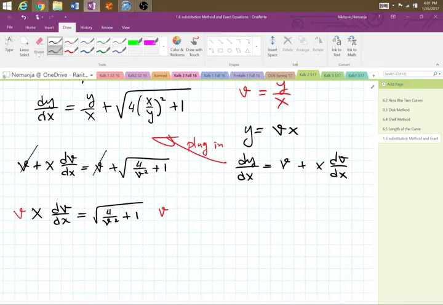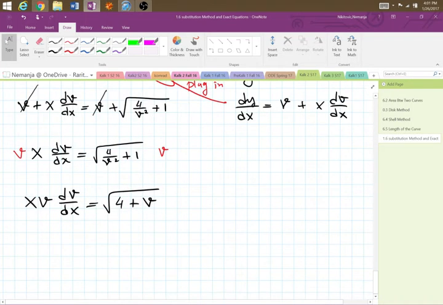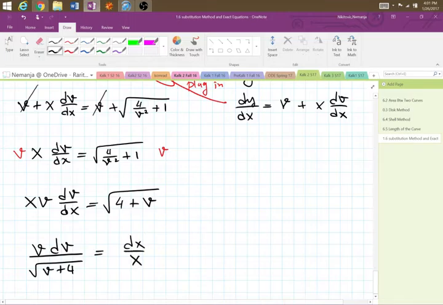So what I'm going to have is x v dv/dx equals the square root of 4 plus v. Now this is a separable equation. I have v dv divided by the square root of v plus 4, let's swap that, is equal to dx over x. Oh, much better, right?